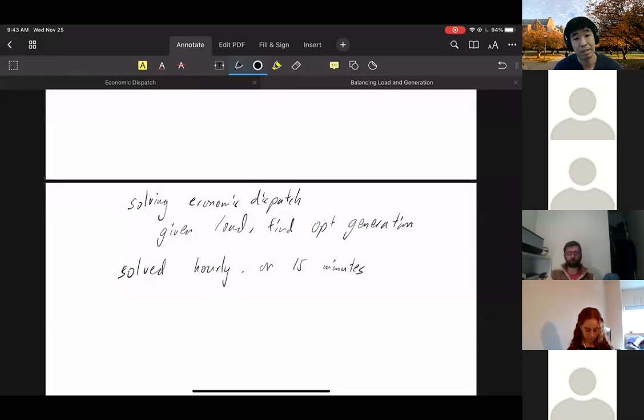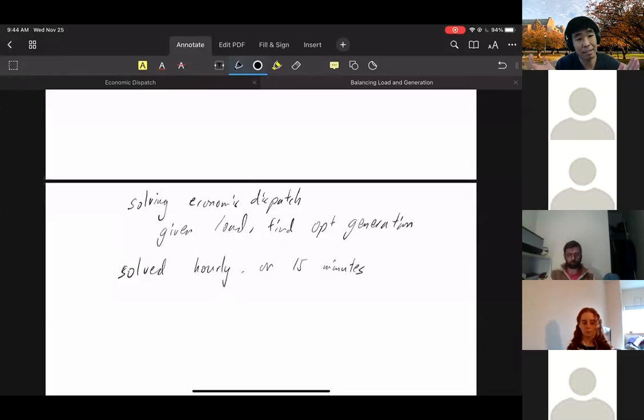So we're solving this economic dispatch at every snapshot in time, but actually we have continuously changing load. Between, let's say, 5-minute intervals, the system has to do something. You plug in your computer, you expect your computer to be charged, to get power. So we have to continuously adapt.